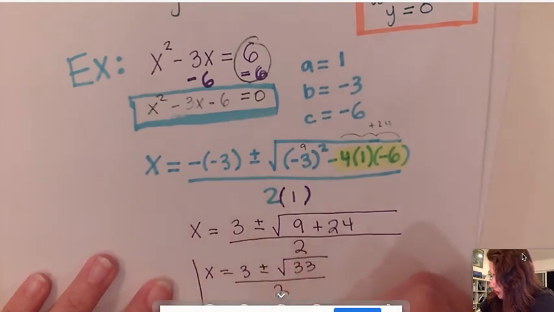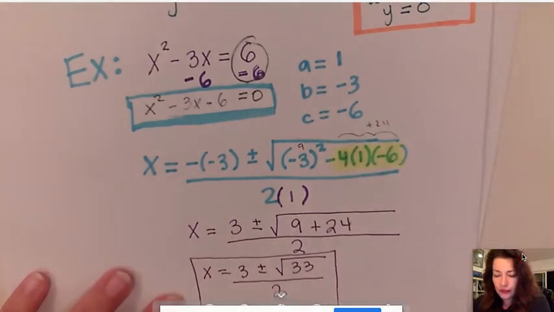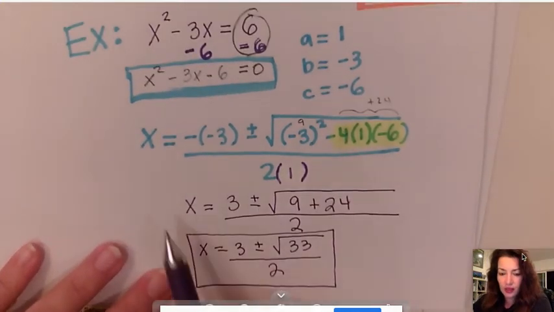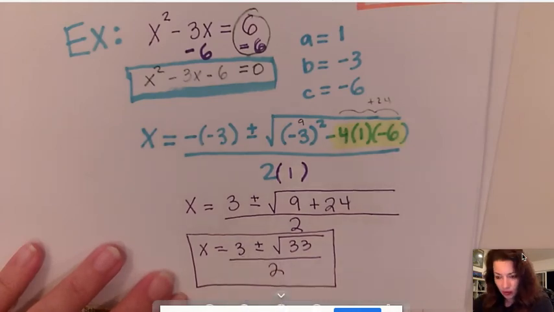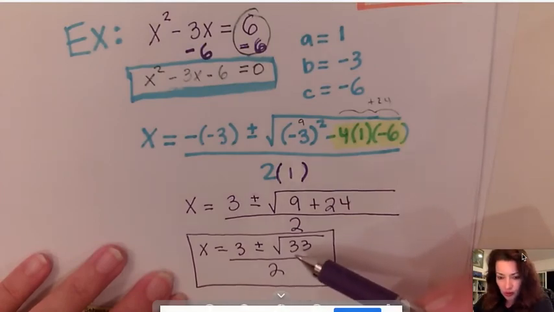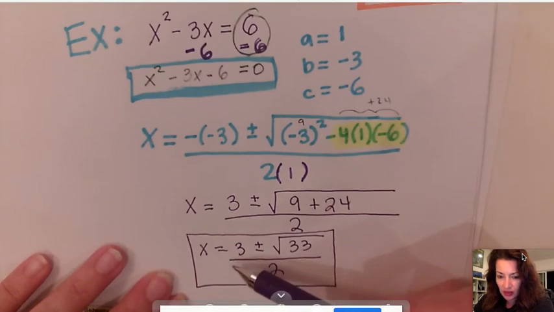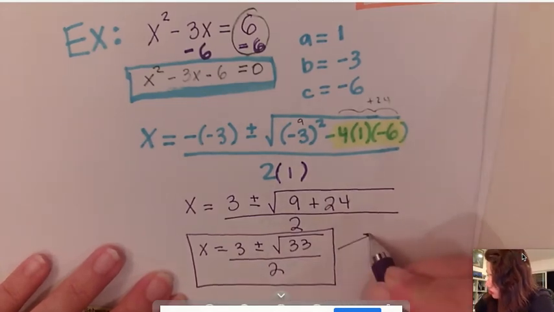Here is our answer. Now, what do you think from the above graphs this represents? Because we have 3 plus or minus the square root of 33 over 2. Now, sometimes you'll be able to reduce this fraction. You can't really reduce it with anything in this fraction.